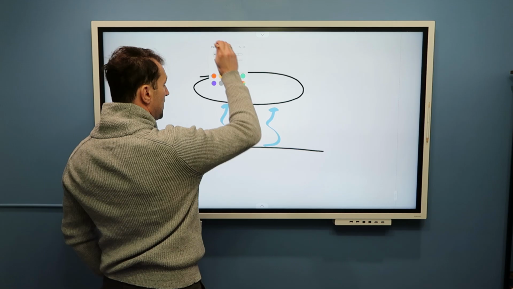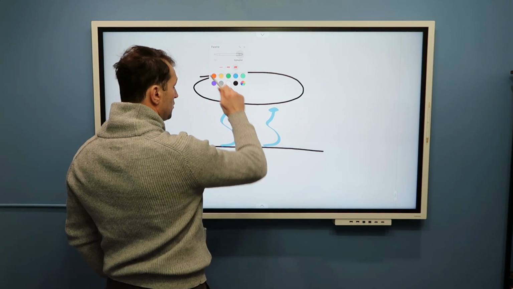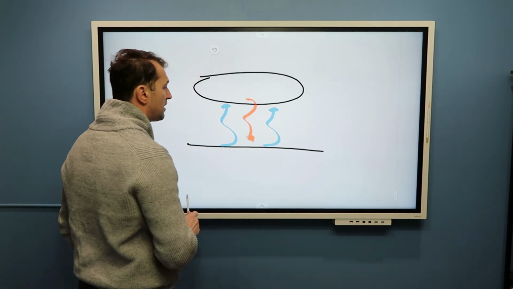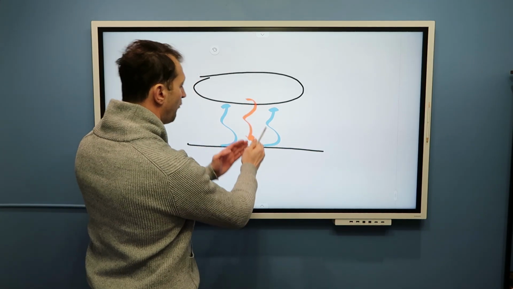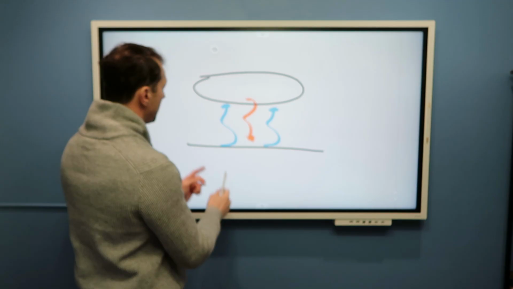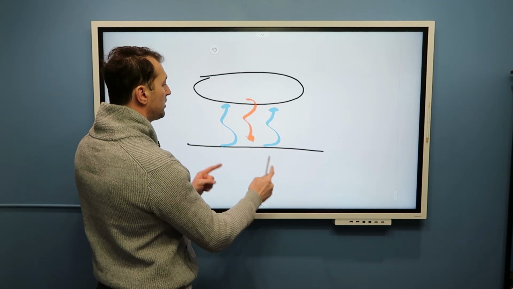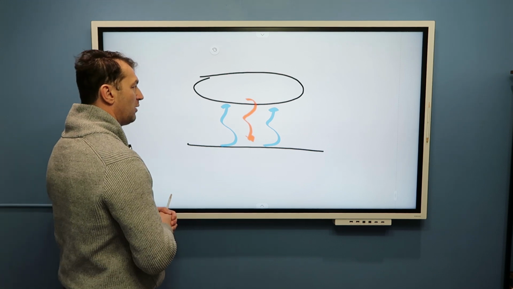And then what do they do with it? Well, what they do with it is they send it back to the surface. I put it as red because that means they are now warming the surface. And the temperature of the surface is therefore higher than what it would be if there was no cloud.